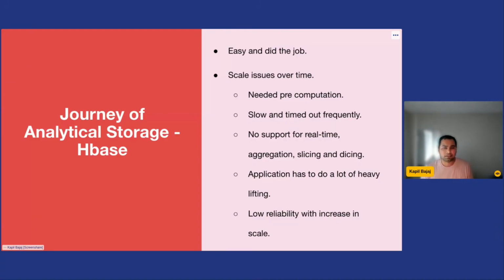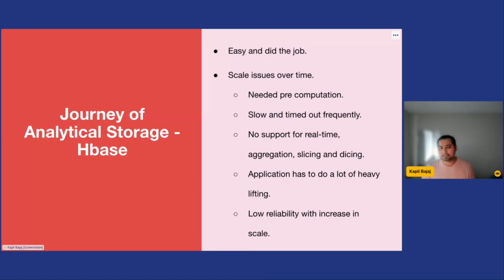Again, scanning a large amount of data or grouping was not HBase's forte. So over time, we saw that we could not execute a lot of queries. We could not support real-time aggregation. We could not slice and dice data. So what ended up happening was that our application teams were doing a lot of heavy lifting, which was not ideal. And over time, they just realized that okay, we had to move on.